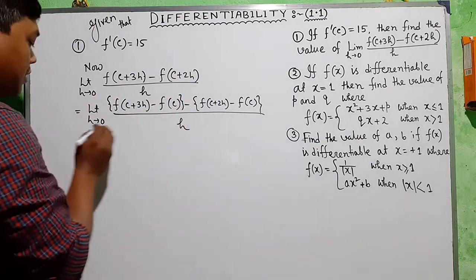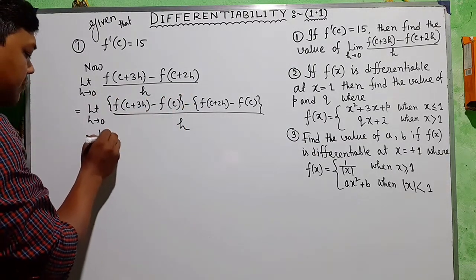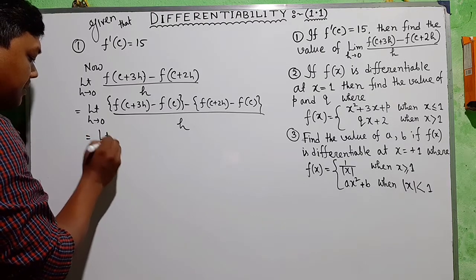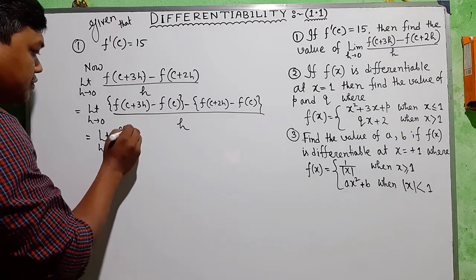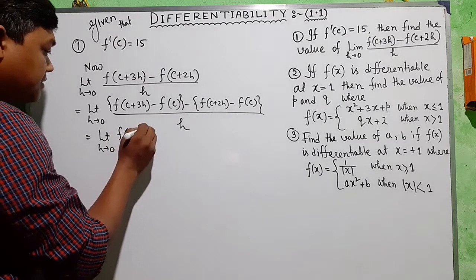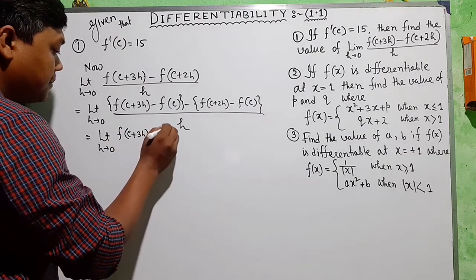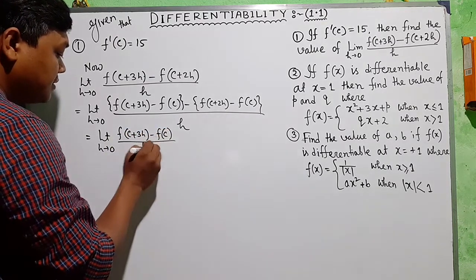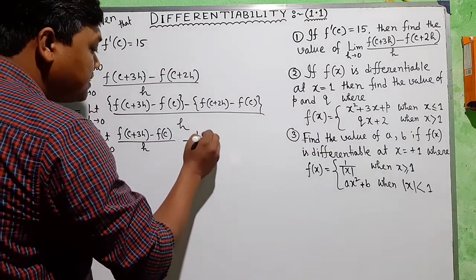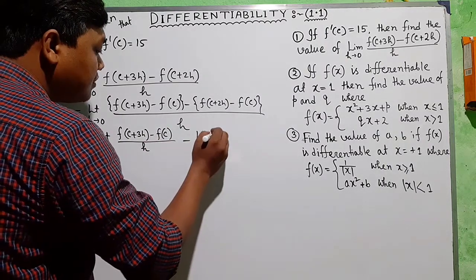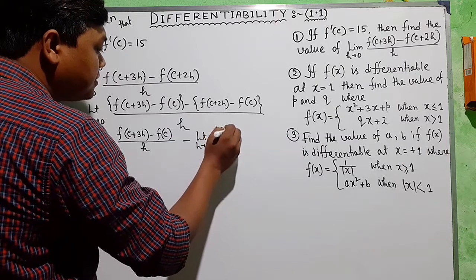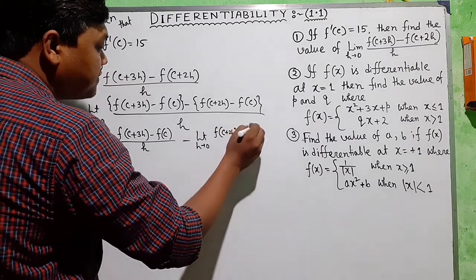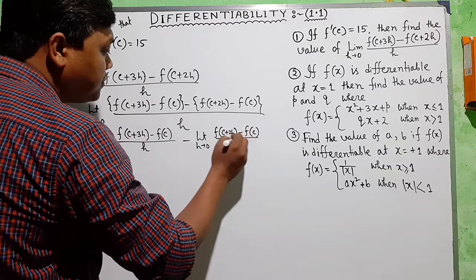So using the limiting property, we can easily write limit h tends to 0 of fc plus 3h minus fc by h, minus limit h tends to 0 of f of c plus 2h minus fc by h.